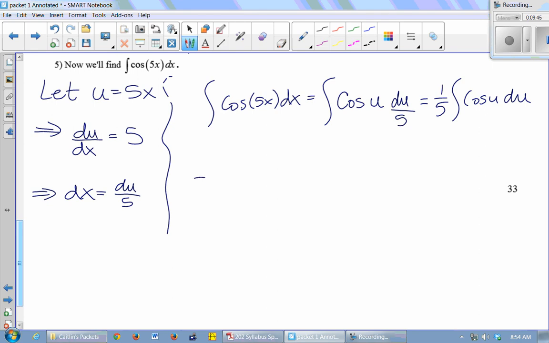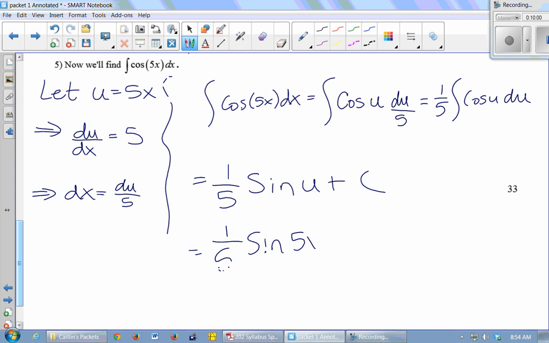And then, so this is going to become 1/5. What's the antiderivative of cosine? Sine of u plus c, and then replace the u with a 5x. 1/5 sine 5x plus c.